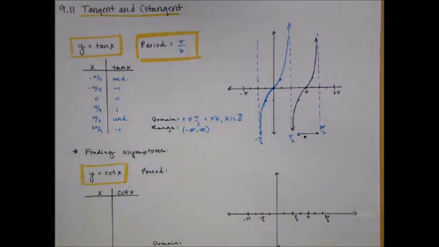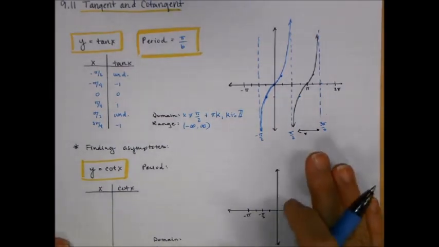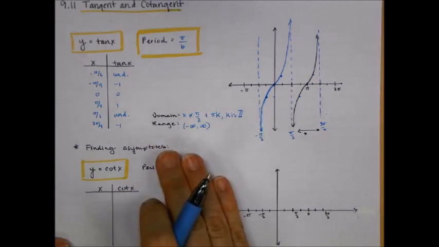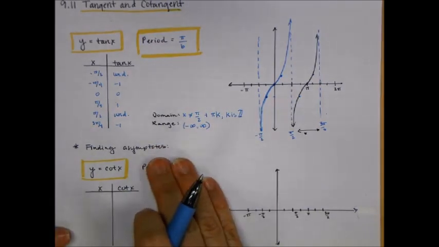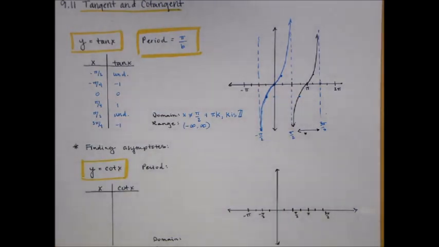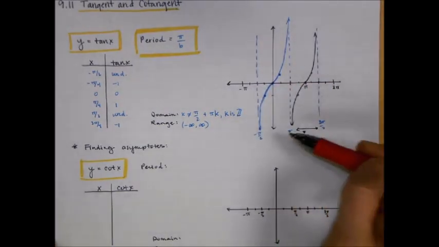Now, when we go to sketch tangent graphs, we want to remember what this graph looks like, but we actually base it off the asymptotes first. I have found that that's the best way to start these sketches is by finding the asymptotes. So you'll notice that the original asymptotes are at plus and minus pi over 2.